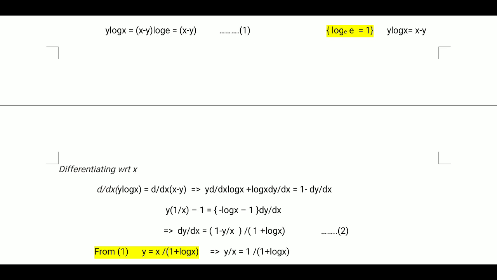So we get y into 1 upon x minus 1 is equal to minus log x minus 1 into dy upon dx, separating the terms which have dy upon dx and those without. So we get dy upon dx is equal to 1 minus y upon x whole upon 1 plus log x.